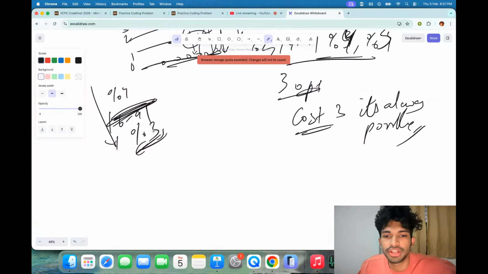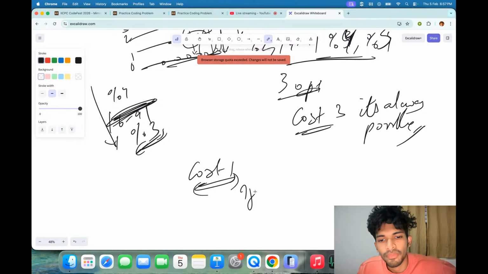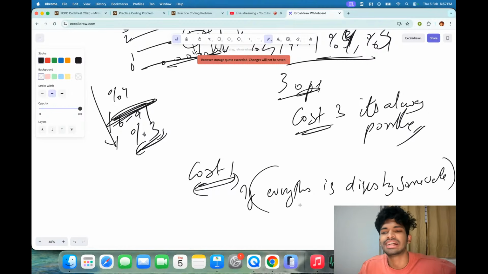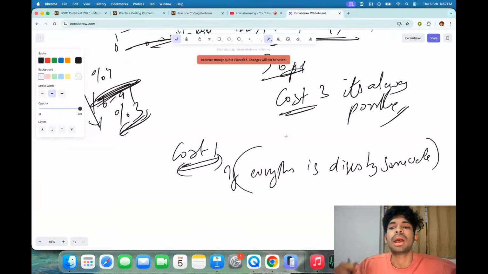Okay, when is cost 1 now? If everything is divisible by some value, then it's cost 1. Is that so? What happens when you do x minus that?